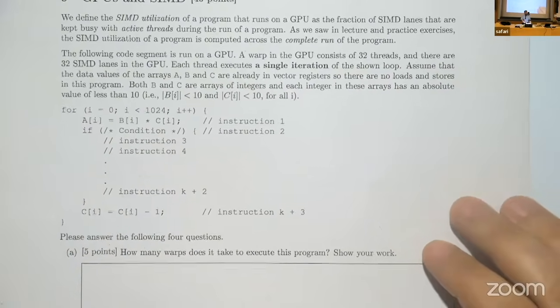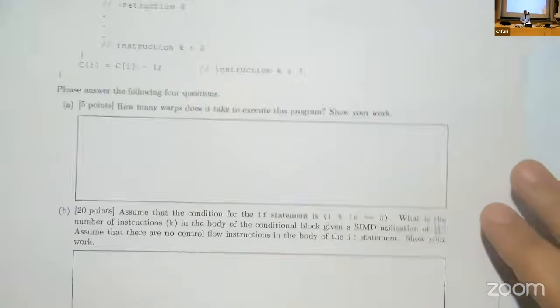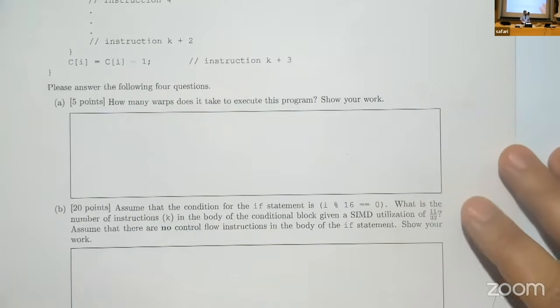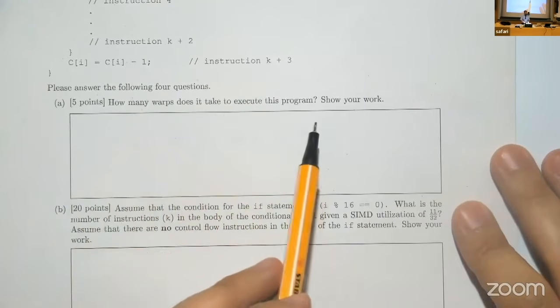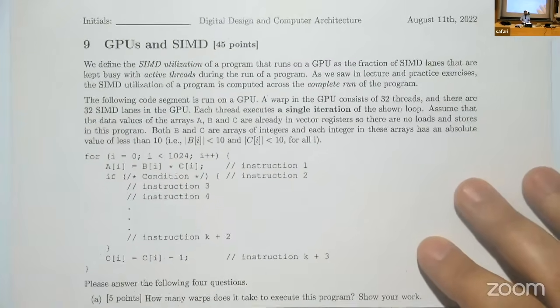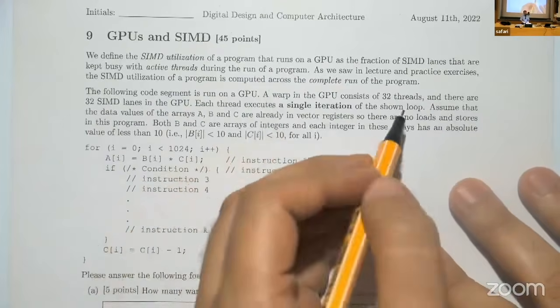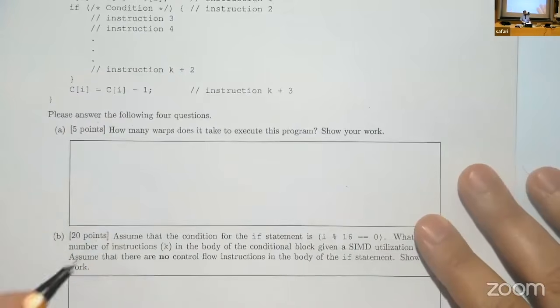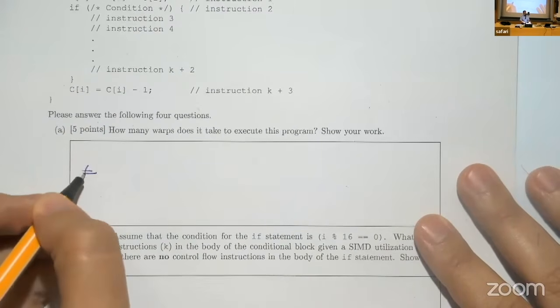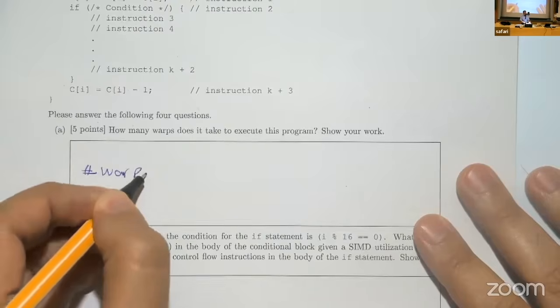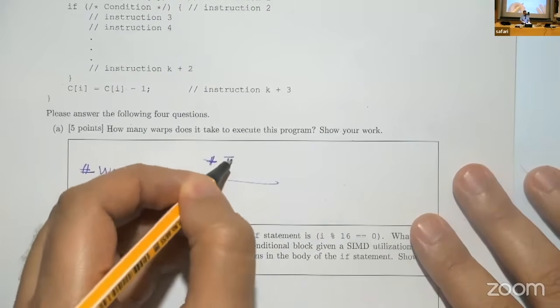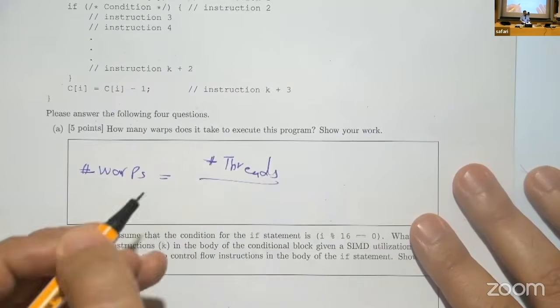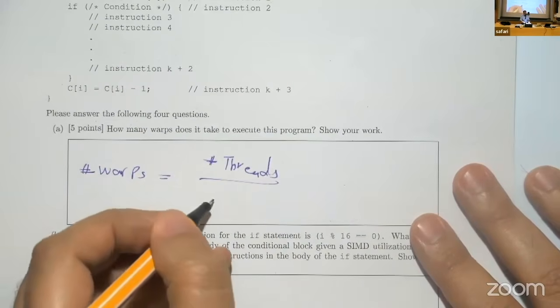Okay, now let's see the questions. The first question is: how many warps does it take to execute this program? We know that the warp size is 32 threads. So the number of warps would be the number of threads divided by the warp size.